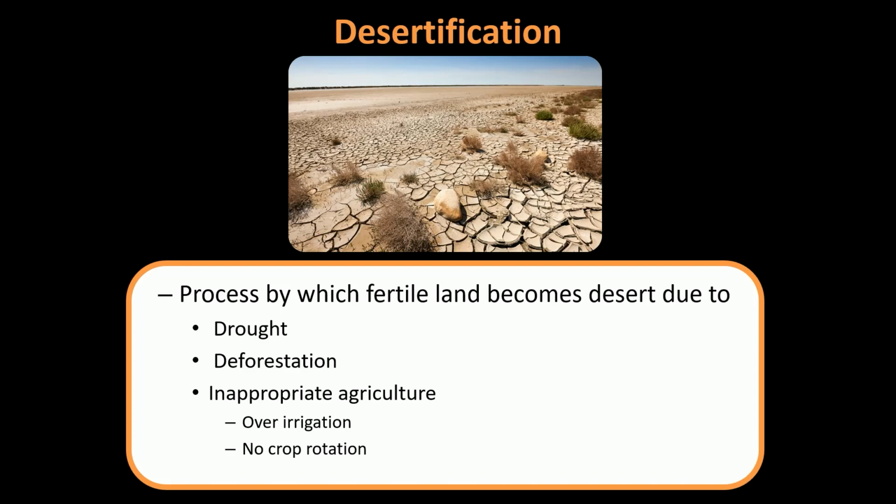And since there are no crops that can hold the soil together anymore, it just kind of blows away in the wind. Think of the Dust Bowl in the Great Depression, and you get sand left over. So while the vast majority of ecosystems have been decreasing in size through habitat destruction and other types of factors, deserts have actually been getting bigger over time.